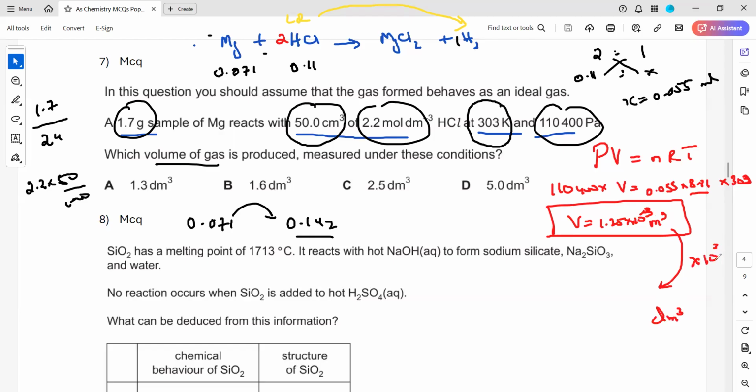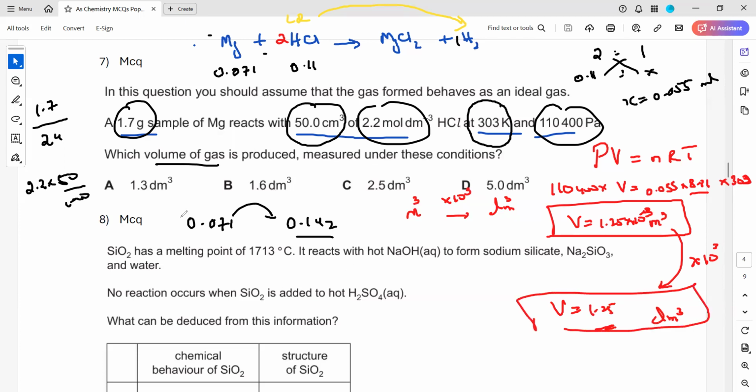But this is a cube, so we multiply by 10³, which is 1000. So 1.25 × 10⁻³ multiplied by 1000, we got about 1.25 dm³, or approximately 1.3. Is it clear? Discussion?